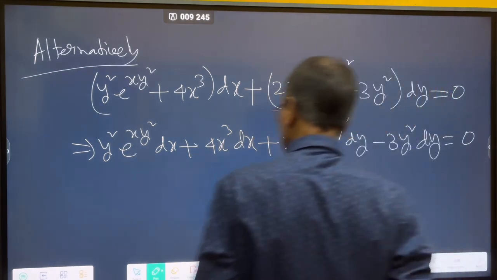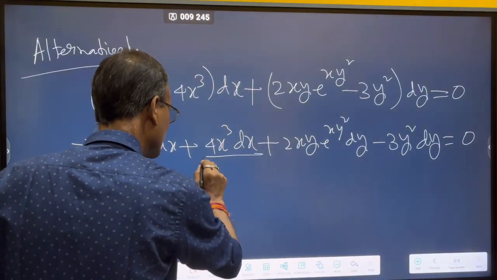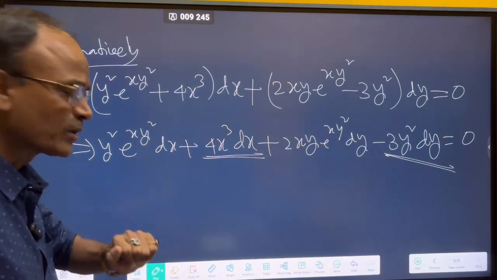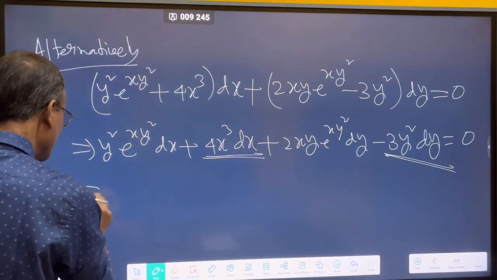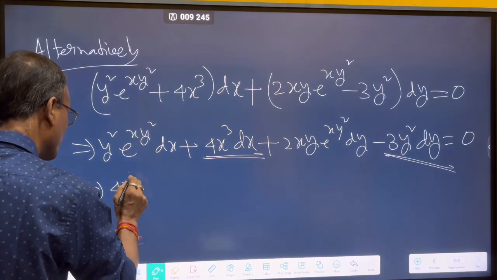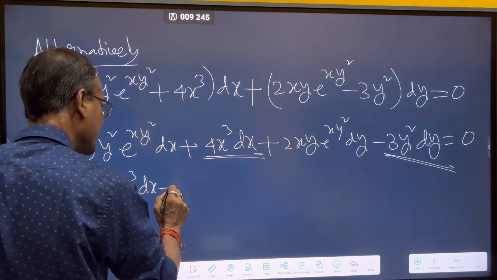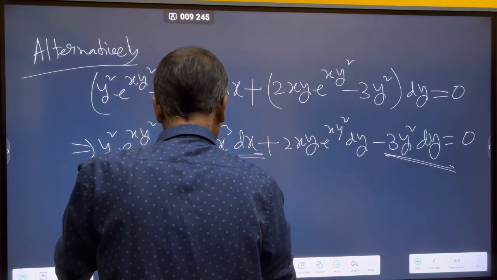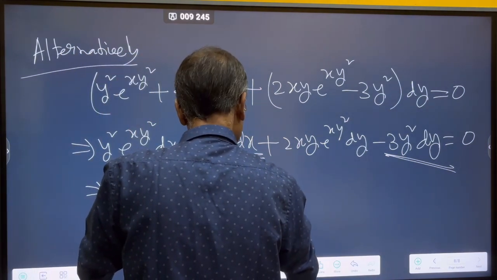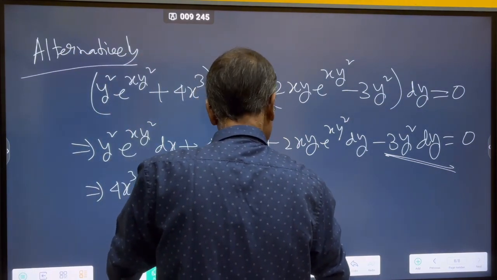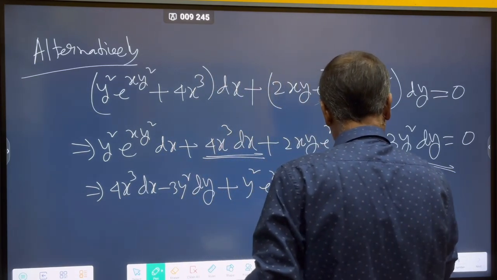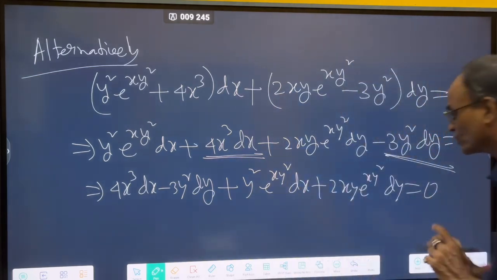Now see these two terms, no problem. Now you may write 4x cube dx minus thrice y square dy plus y square e to the power x y square dx plus twice xy e to the power x y square dy equal to 0.